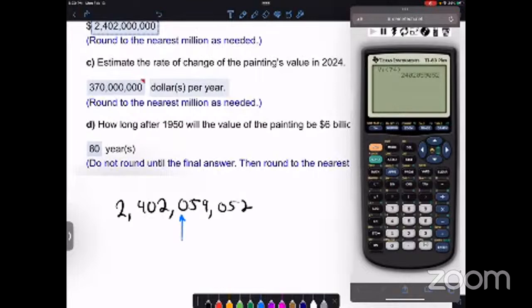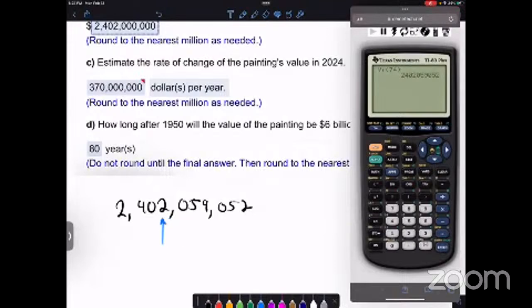Because this is a zero, that tells us that this stays as a two. If this were like a 5 or a 6, anything larger than 5, then this would become a 3. All right. So you just have to focus on this guy. The number behind it tells us that we stay the same. So then it stays as 2. So that's where the 2,402,000,000 came from.